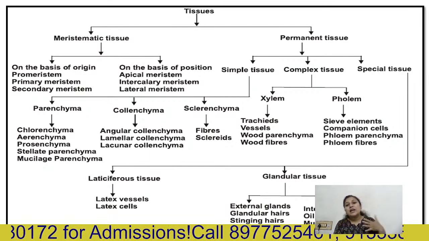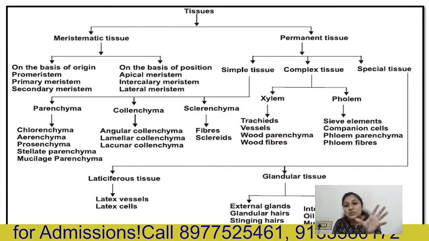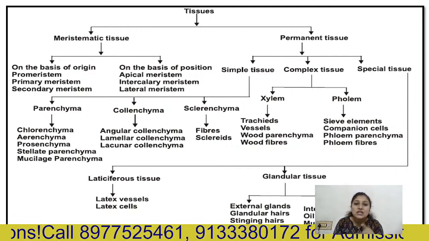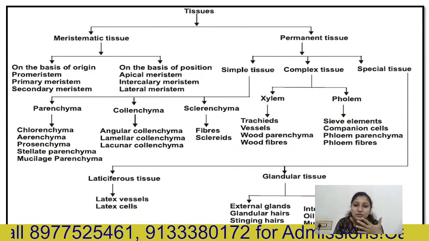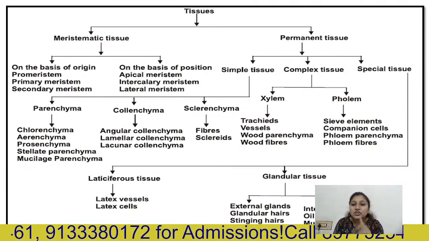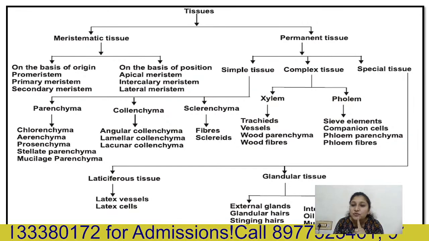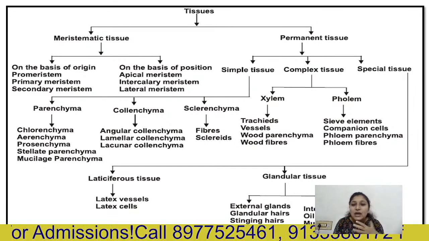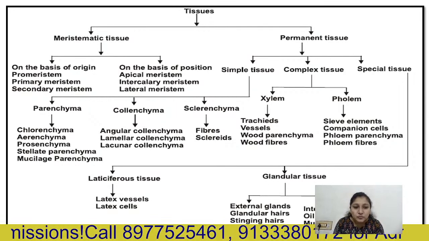Simple tissue means cells which have lost their capacity to divide further, with the same kind of cells making a tissue. Different types of cells that together work for one function, like transport of water or transport of food, are called complex tissue.